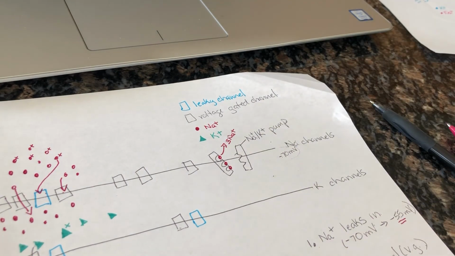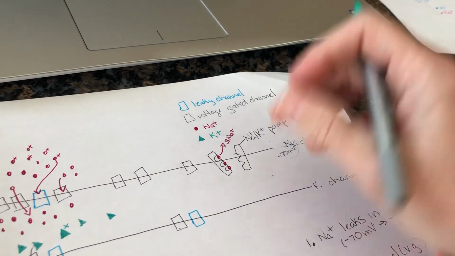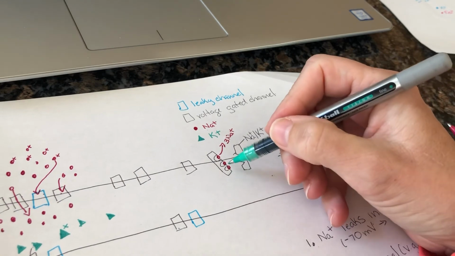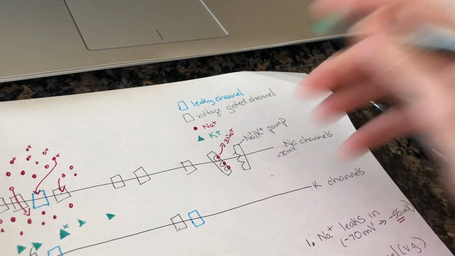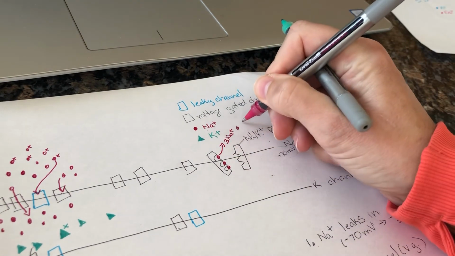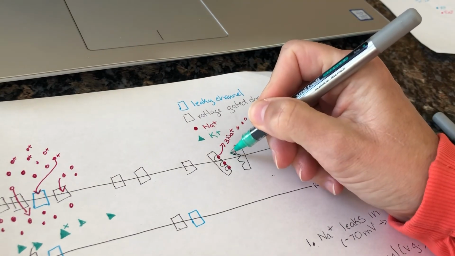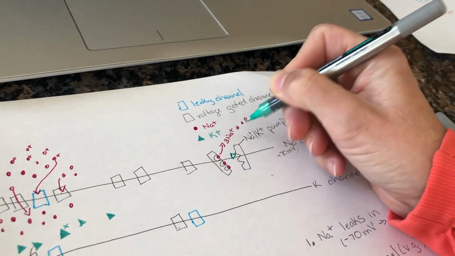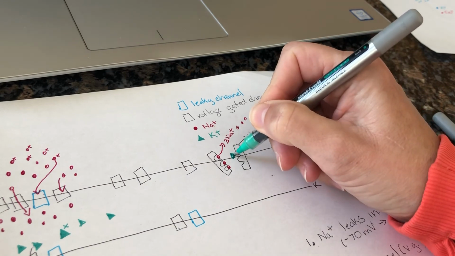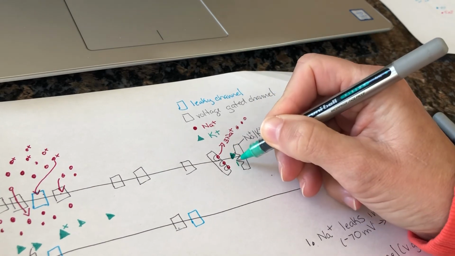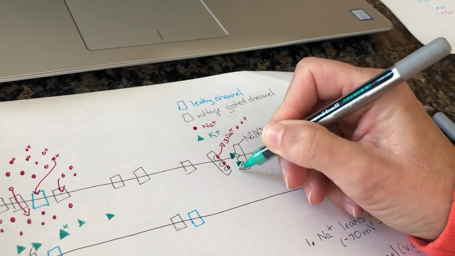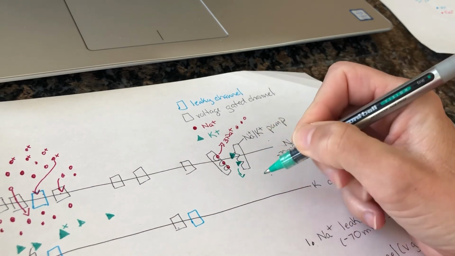That's going to happen first, so 3 sodiums are going to leave. Then it brings in 2 potassiums. Potassium ions are brought in.